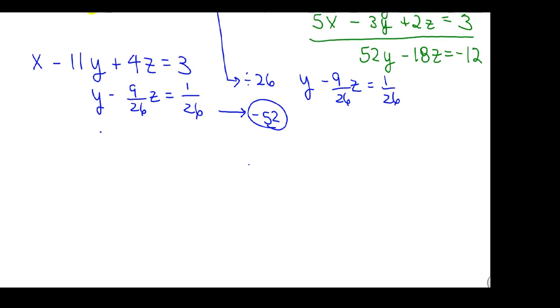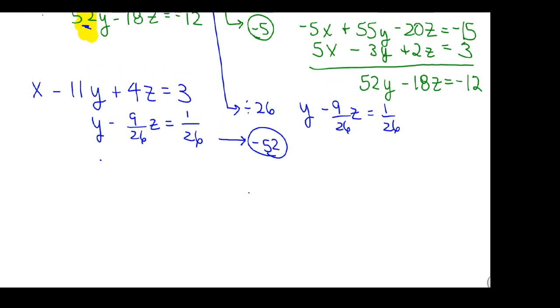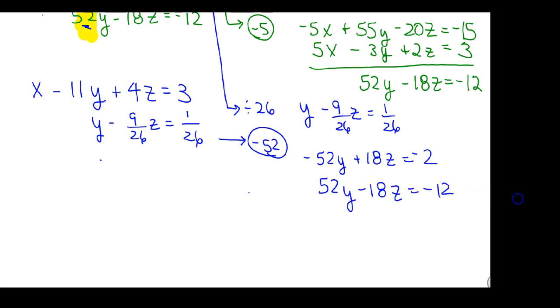So I'm multiplying negative 52 by my new second row. And under that, I want to copy down my third row. And when I add those together, my y coefficient should be 0.